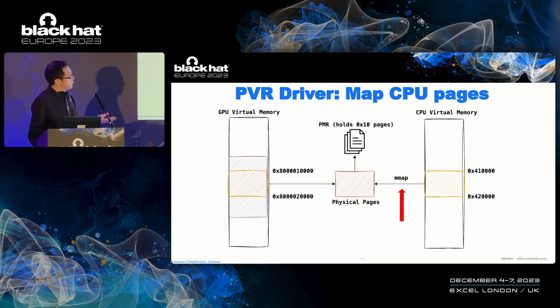So at this point, copying data to the CPU virtual memory is basically equivalent to copying the data to the GPU virtual memory, although different cache policies might apply because the same physical pages have been mapped to both the CPU and GPU virtual memory.